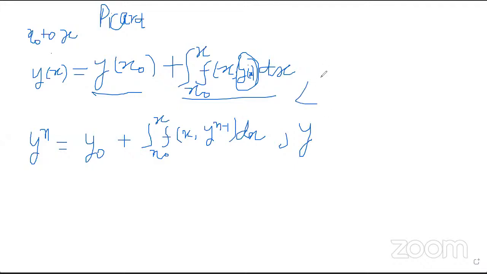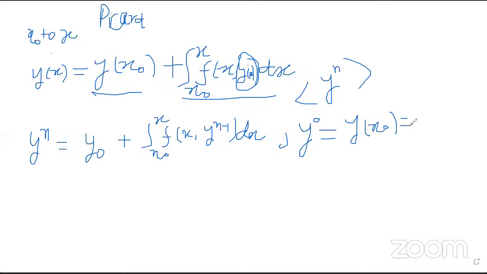Now our sequence is this one, y n. Am I right? So I require y0 also. So what is y0? I am taking y0 as y at x naught, which is given to us.